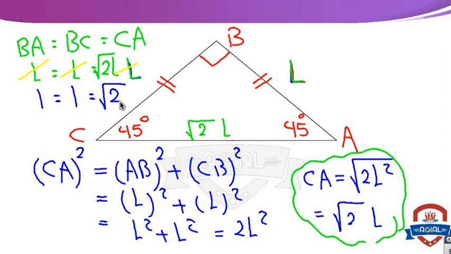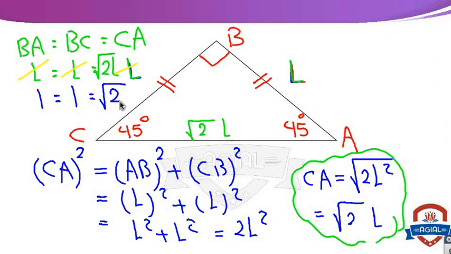Find sine 45 degree. Sine 45 degree, the ratio between opposite over hypotenuse, is 1 over square root of 2. Cosine 45 degree, the ratio between adjacent over hypotenuse, is 1 over square root of 2. Tan 45 degree equals the ratio between opposite over adjacent. Opposite over adjacent equals what?